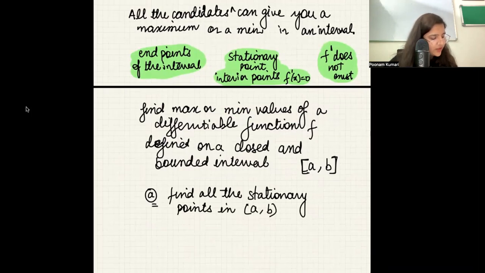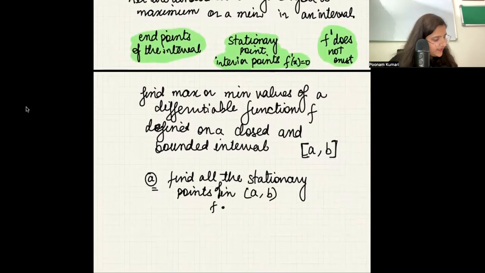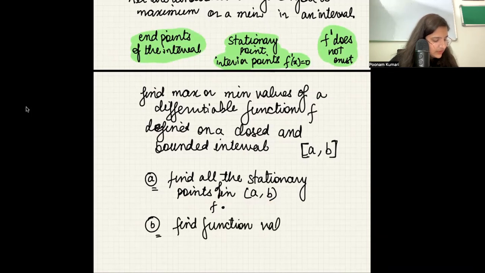All the stationary points of f in this open interval a to b. Okay. Second thing, this is the first thing. Okay. So now that you have your stationary points, find what is your function value at these stationary points, right? Find function value at these stationary points.